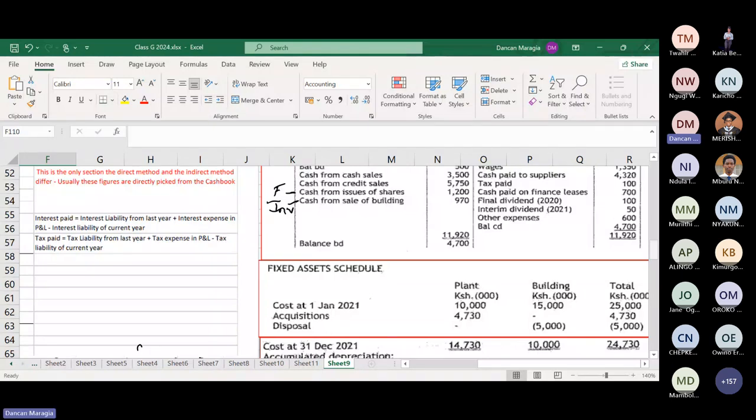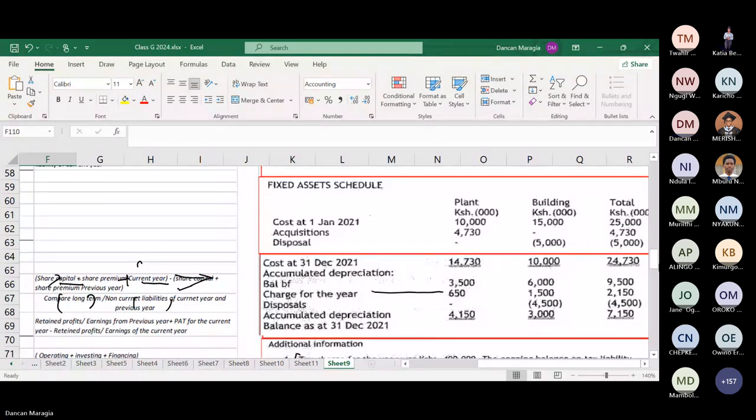So let's go back here. In the year, we disposed the building which had a cost. So this is the cost, and this is the accumulated depreciation. We started with buildings of 15 million. We sold buildings that had a cost of 5 million. So we remained with buildings of 10 million.